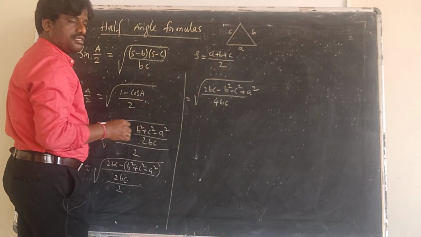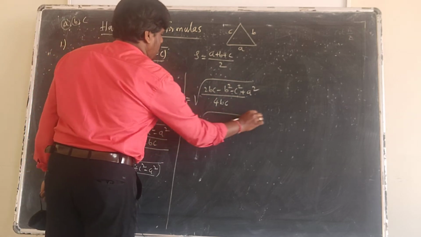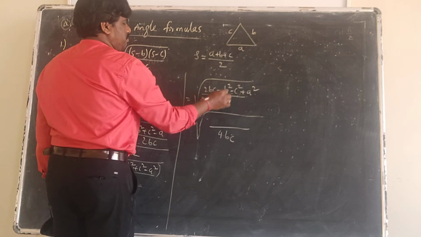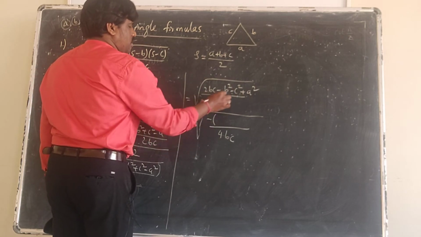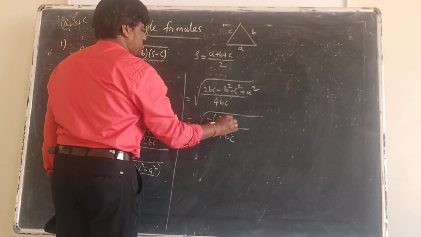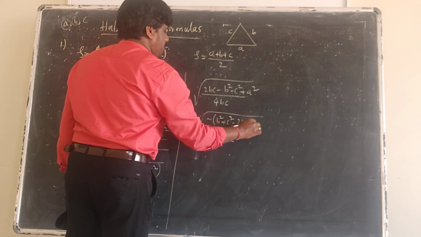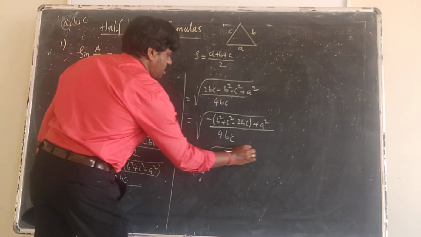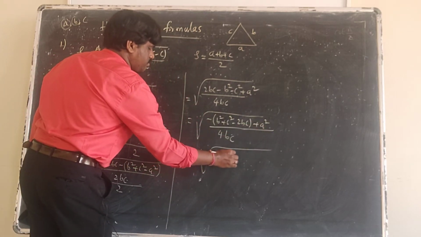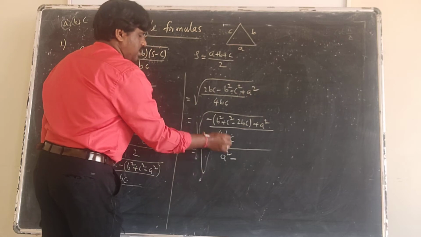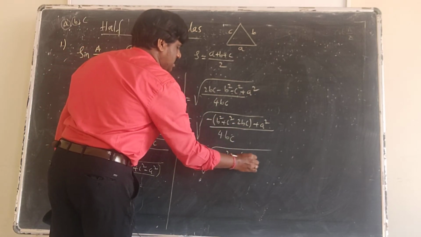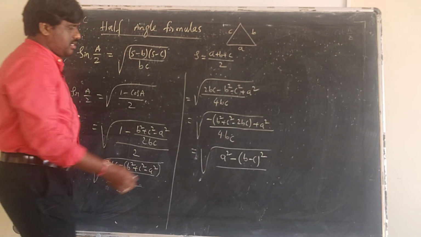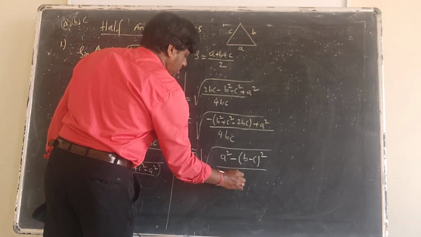So this is equal to square root of 4BC. I take minus common, so I get B square plus C square minus 2BC plus A square. That means square root of A square, positive, and the minus symbol, this is the B minus C whole square formula, upon 4BC.